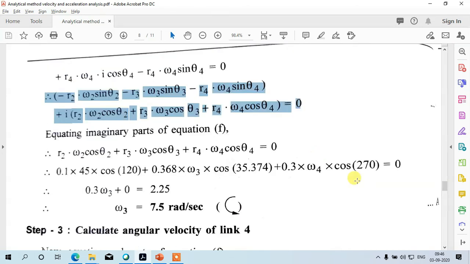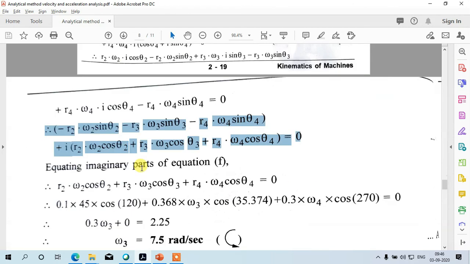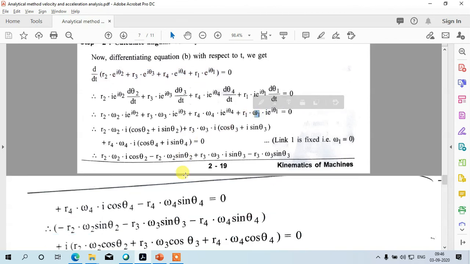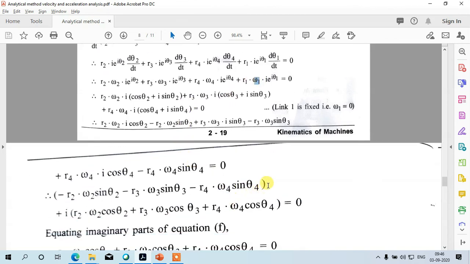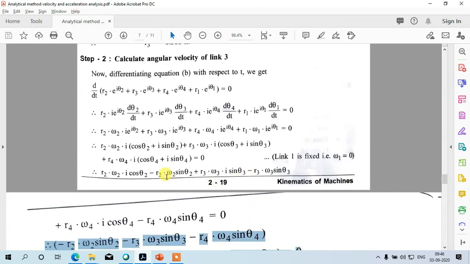And one more thing, many students may ask: while we differentiated this position equation, we had this omega 1 term inside the equation, so why did we omit that omega 1 term from the final equation? Omega 1 is basically the angular velocity of the fixed link.